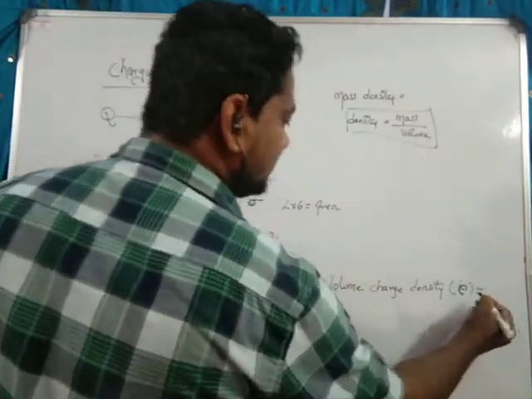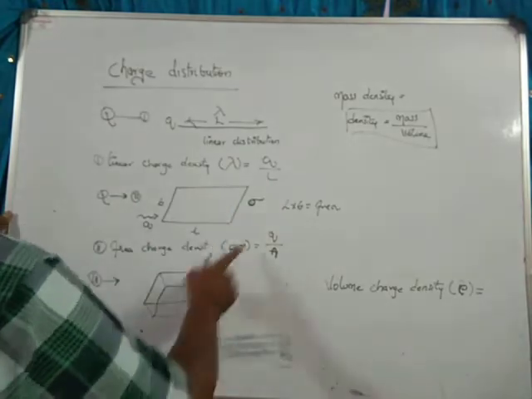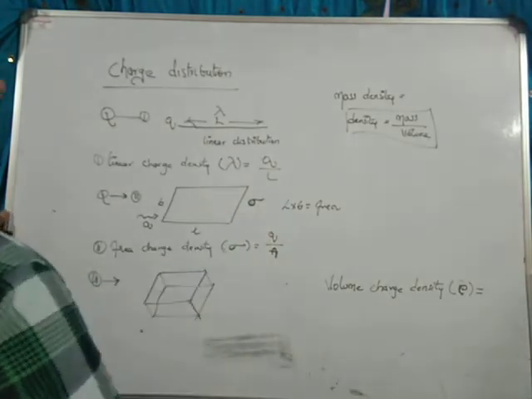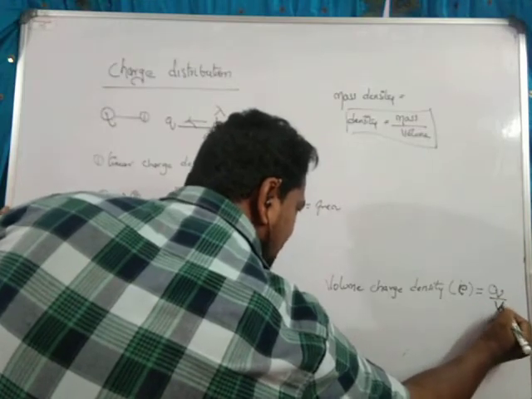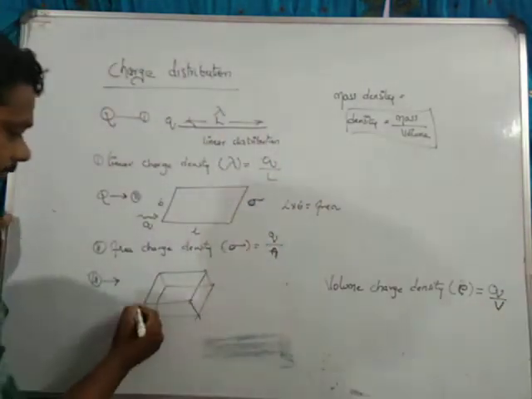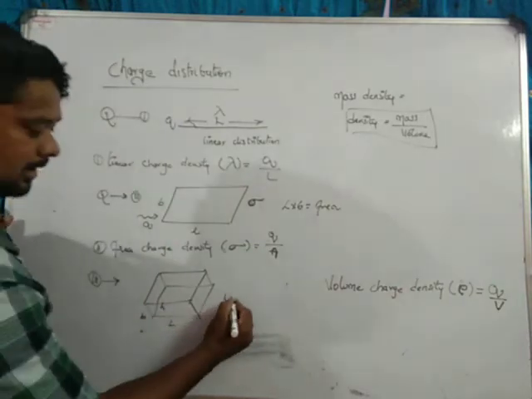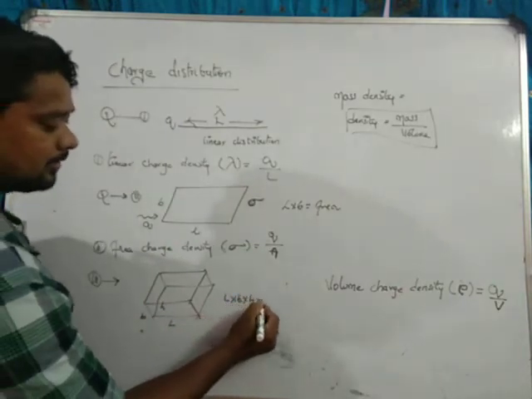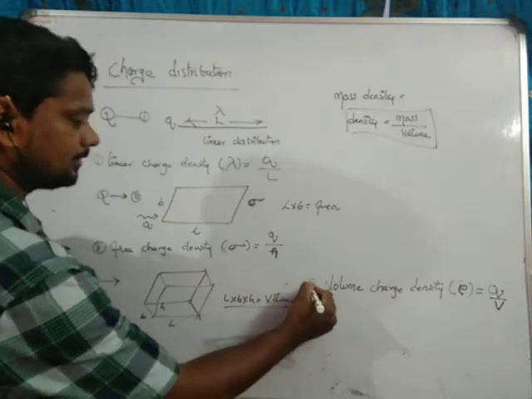Again rho is the same formula: for linear, charge upon length; for area, charge upon area; and here, charge upon volume. How do we define the volume? We have length, breadth and height. Length into breadth into height gives us the volume. This is the third one.